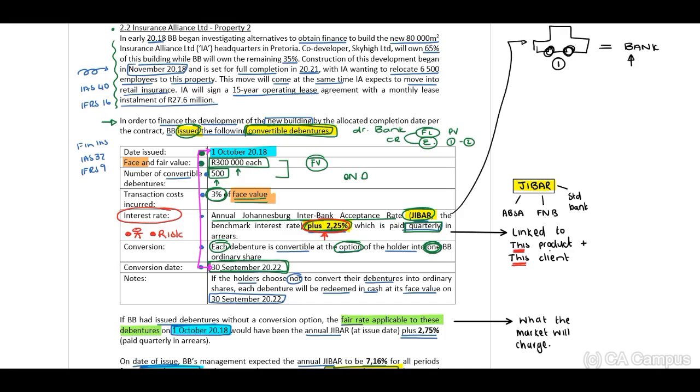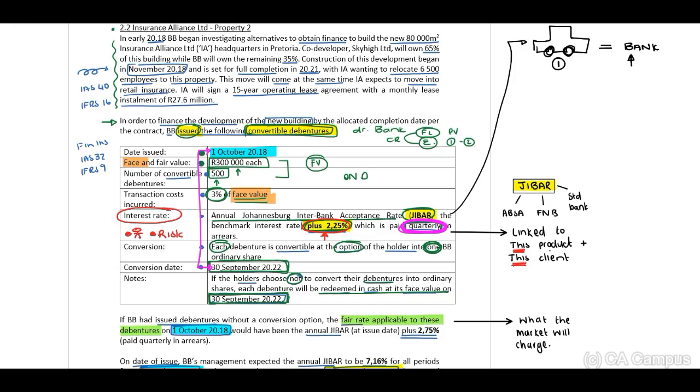But important, the payments is quarterly. Notes. If the holders choose not to convert their debentures into ordinary shares, each debenture will be redeemed in cash at face value on 30 September 2022.